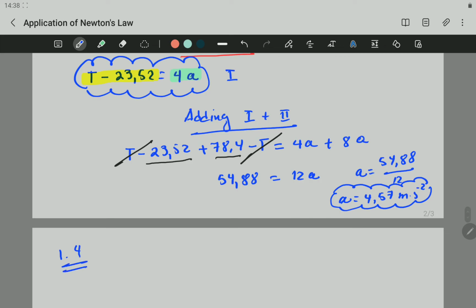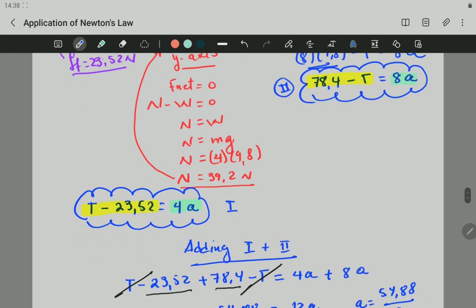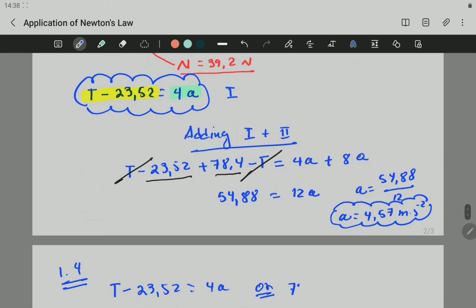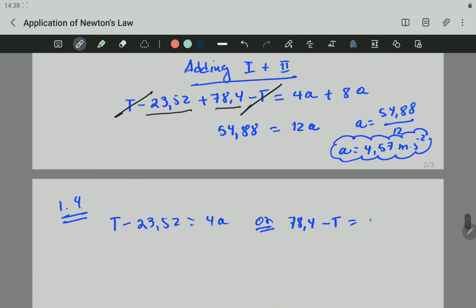To calculate the tension, you have to use either equation 1, which is T minus 23.52 is equal to 4a, or you can use equation 2, which was 78.4 minus T equal to 8a.